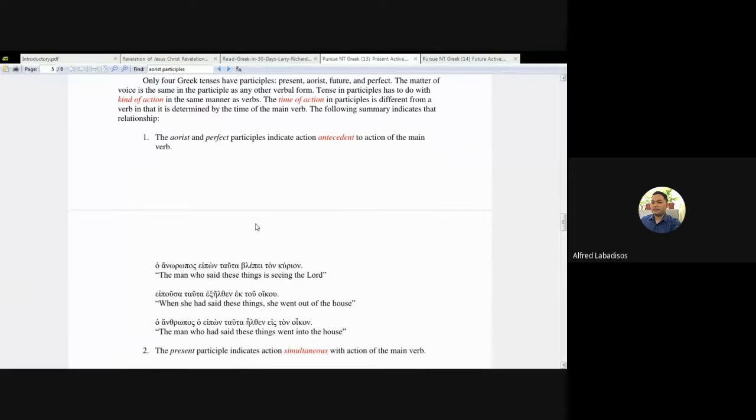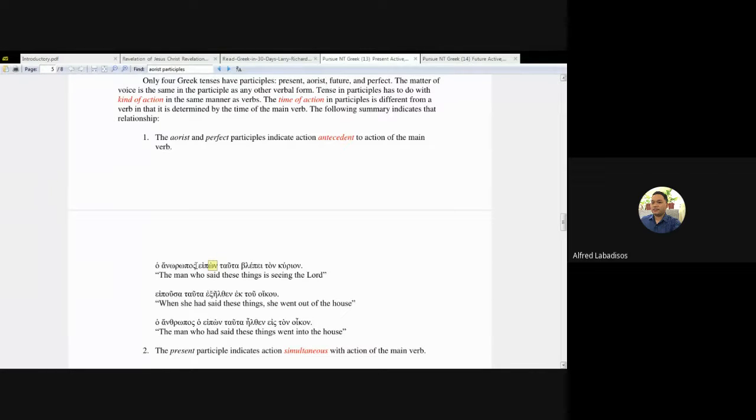For example, we have here: ho anthropos ipon tauta blepe ton korean. Anthropos is the subject, ipon is a participle. Remember, you have here -on. What does it tell you? It is in active voice.